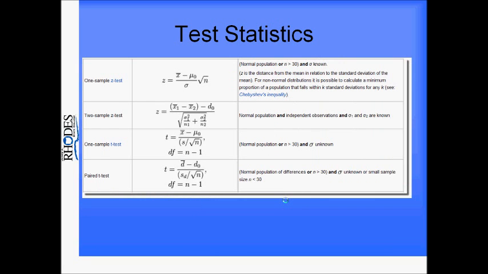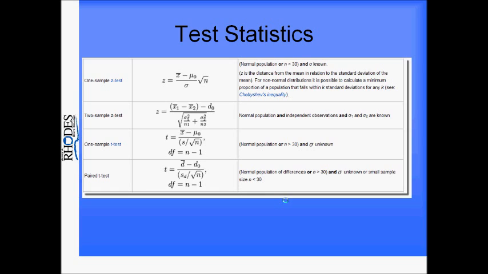Okay, now as I stated, I'm going to show you all the different tests and sort of the math behind them. No need to get hung up on it, but just know some general reasons as to why we have the different tests.